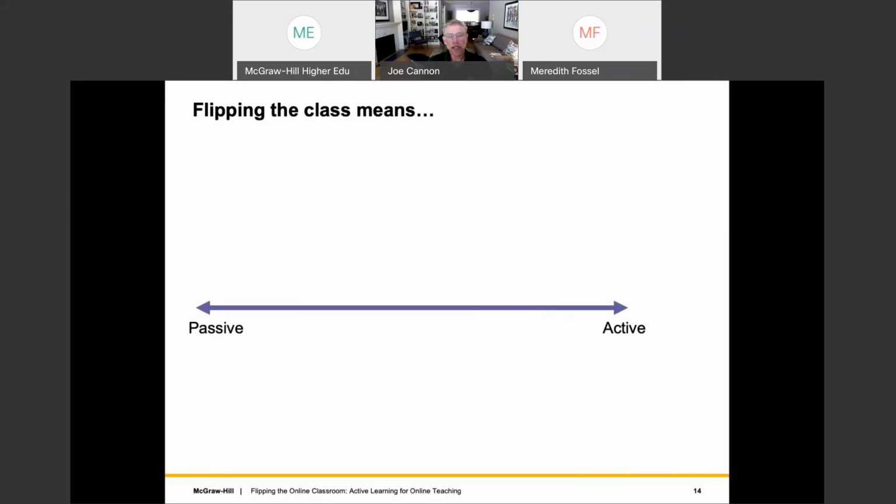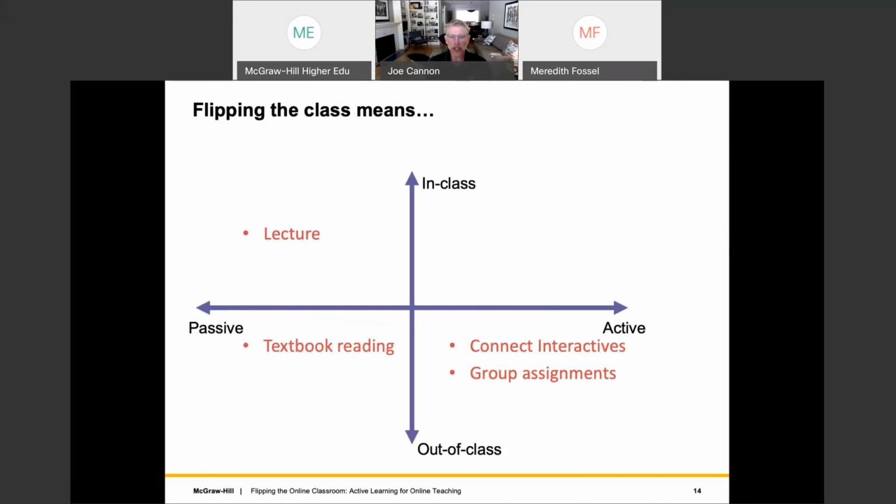If we're flipping the classroom, we can think about where it fits into this passive and active learning continuum. But we can also look at it on the basis of whether we're inside the class or outside the class. In a traditional classroom, outside the class we have students maybe read a textbook. Maybe they would do Connect Interactives.